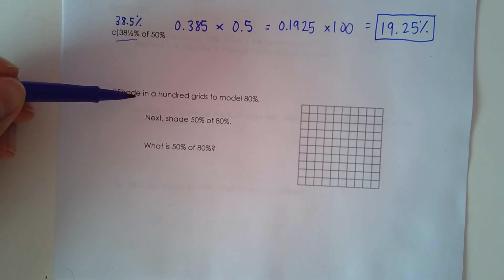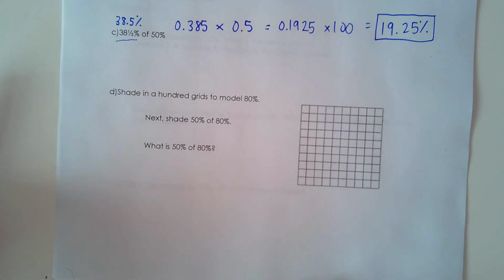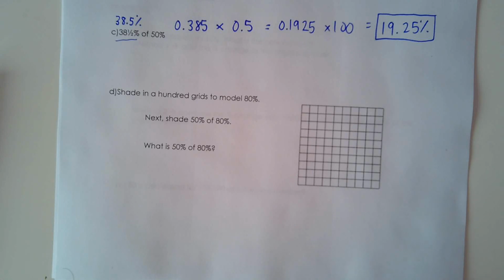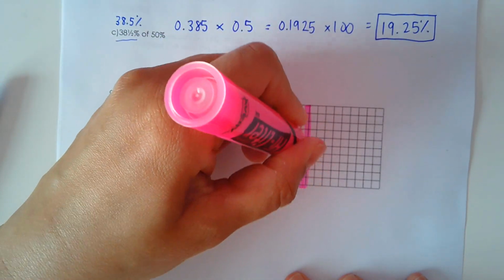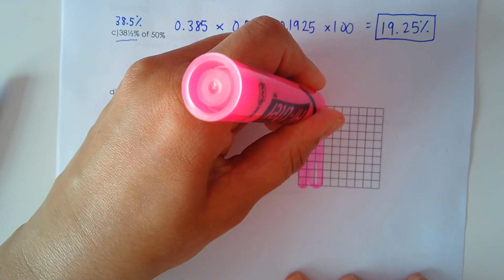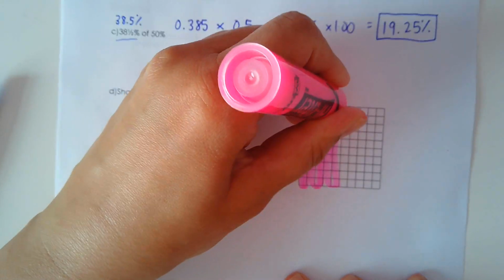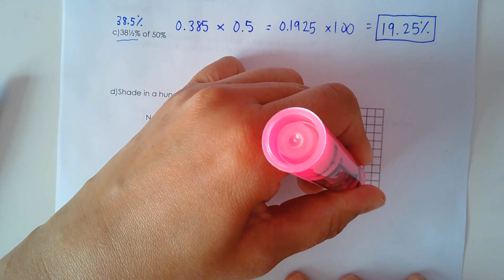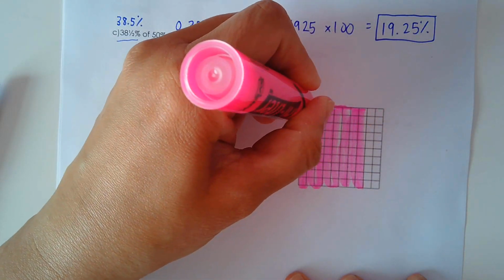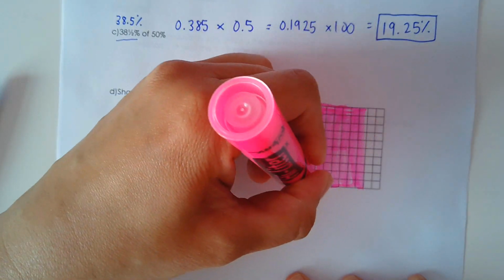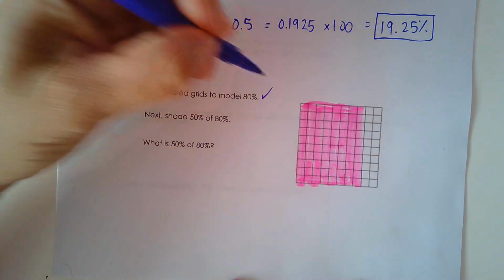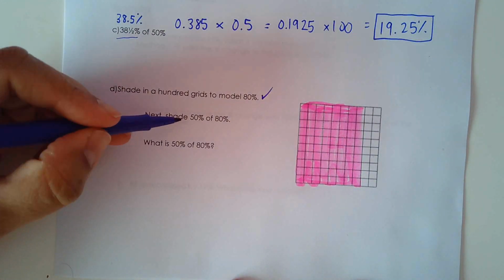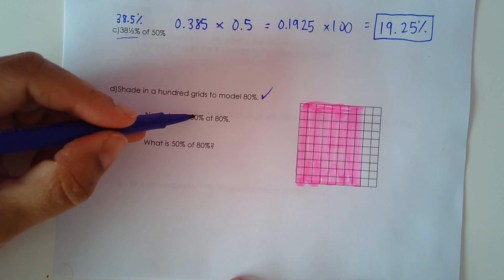Okay, example D. I wanted to show you visually what we're doing. So shade in a hundreds grid to model 80%. So let's shade in 80%, so 80 squares. So there's 80%. We've done that step there. Next, shade 50% of the 80%.